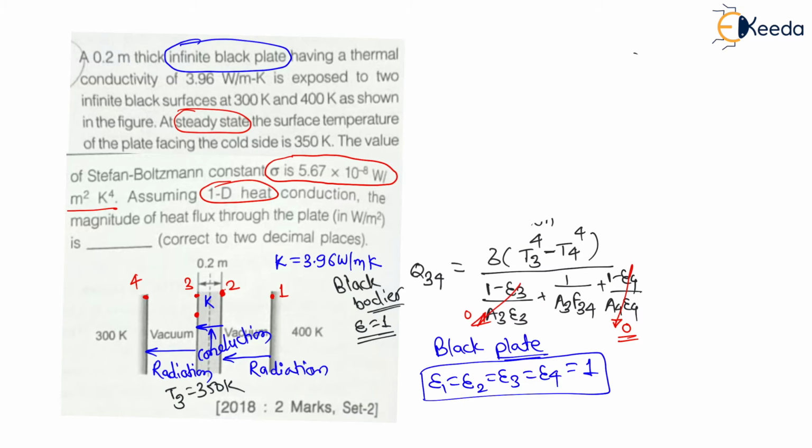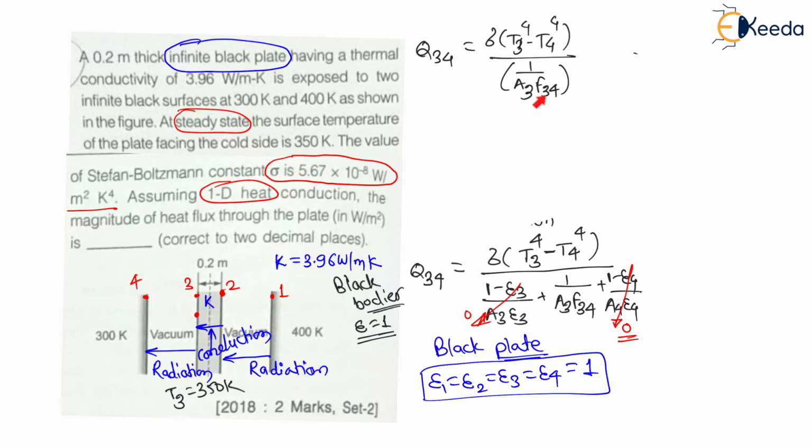So my dear students, the resulting equation will become, let us write the resulting equation. Heat transfer between 3 to 4 will be equal to sigma T3 power 4 minus T4 power 4 divided by 1 upon A3 F3 to 4, right?